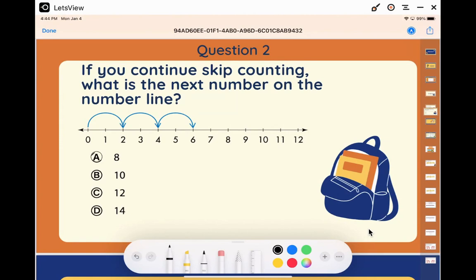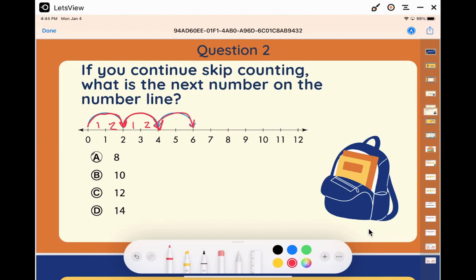When I look at my arrows on my screen, I notice from the first arrow that I hop from 0 to 2. That is 1, 2 spaces. From 2, I hop to 4. That is another 2 spaces. From 4, I hop to 6.